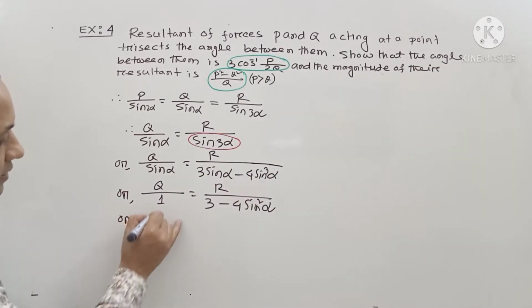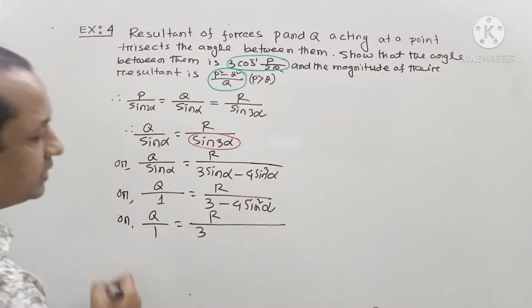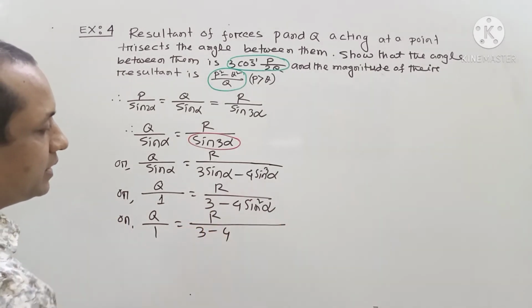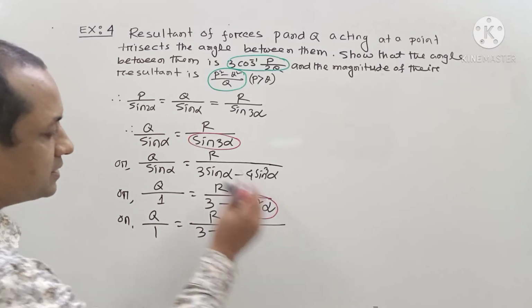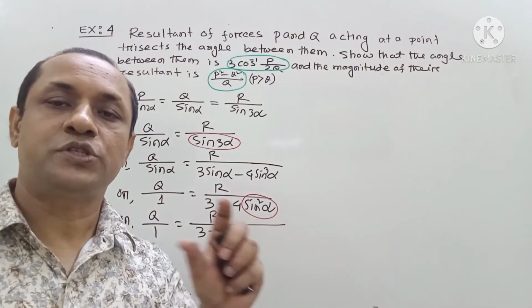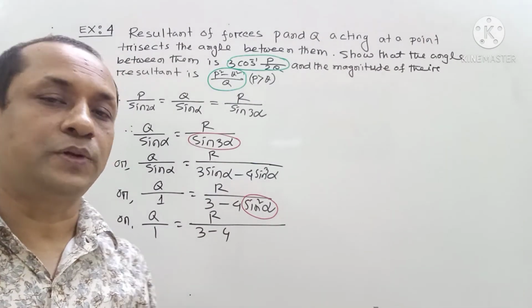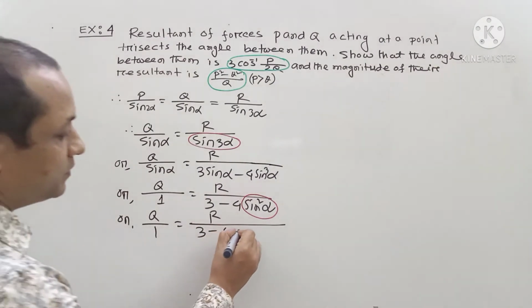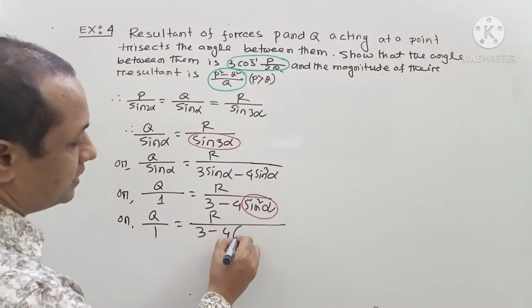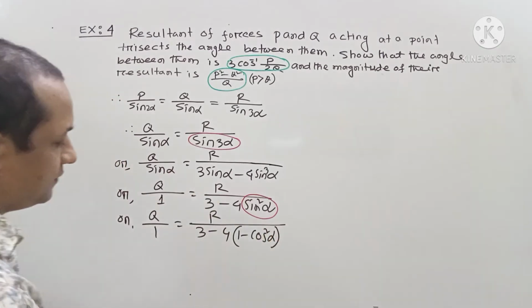Then using the formula, we know that sine square alpha equals 1 minus cos square alpha.